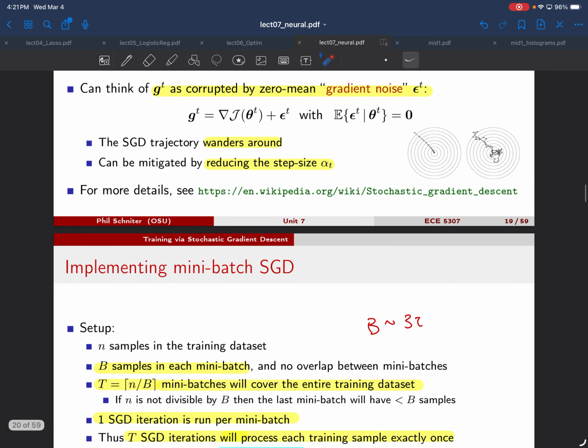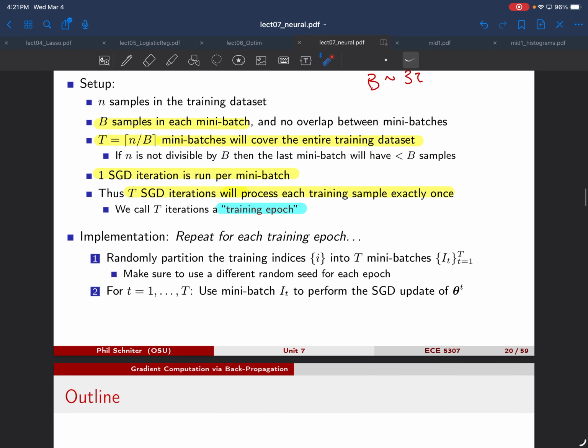That's the idea, and it is described here. You repeat this for each training epoch. You randomly partition your training indices into T mini batches using a different random seed for each epoch, and then you go through each one of those. Basically, this is the algorithm here.